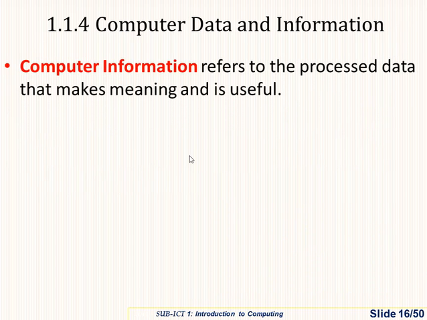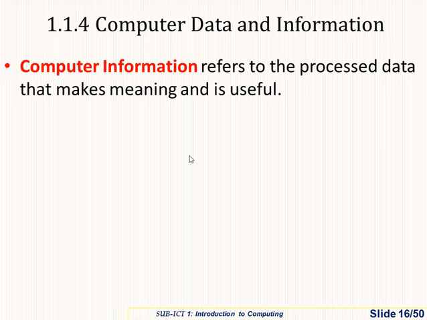On the other hand, computer information refers to the processed data that makes meaning and is useful. So after processing your data, you come up with what is called the computer information. Where students always make mistakes is when differentiating between data and information.